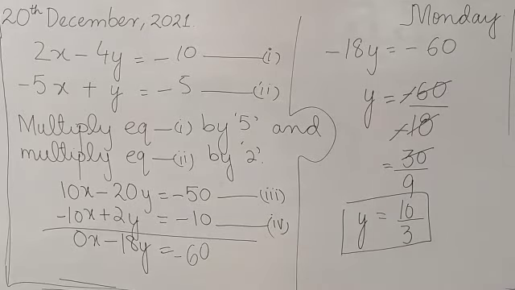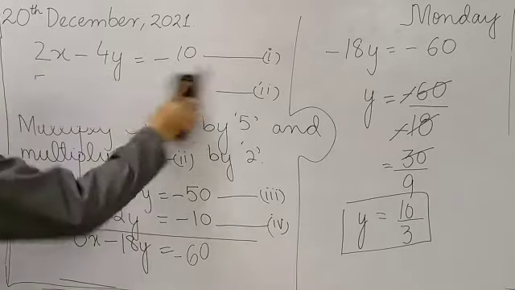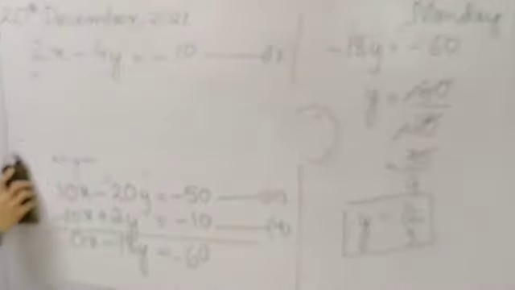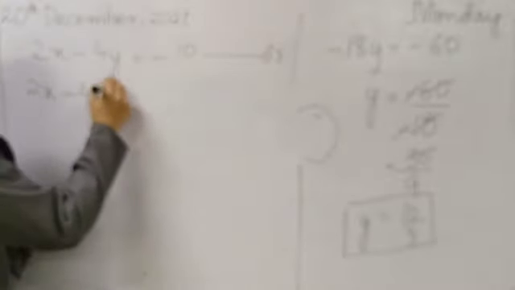Now put this value in any equation 1, 2, 3 or 4. You will get the same answer. It's your choice. Okay? Here I am putting in equation number 1. So we have 2x minus 4 and put the value of y here, which is 10 over 3, is equal to minus 10.